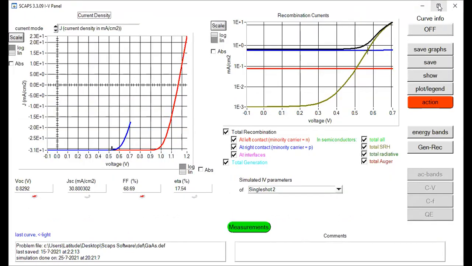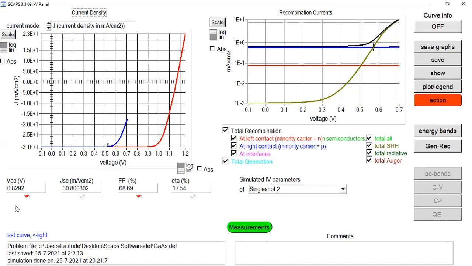Okay. Now you can see that my VOC value has decreased, fill factor has decreased, and efficiency has decreased. This was the actual thing that I was trying to show you, how work energy function can increase or decrease the performance of any solar device in simulation, and also for a perovskite solar cell.